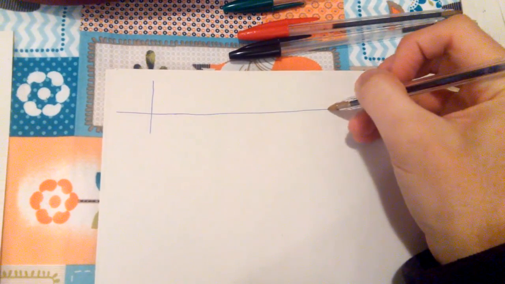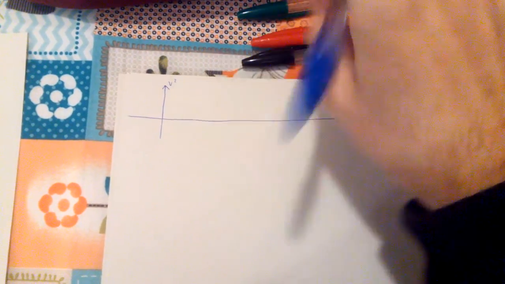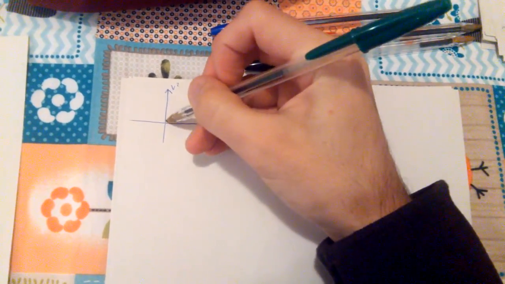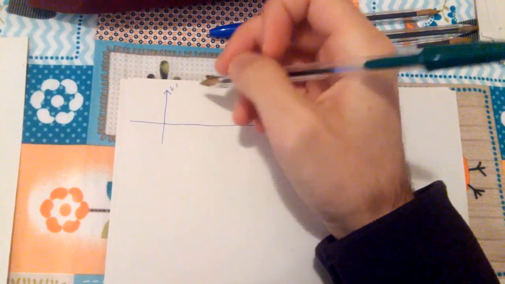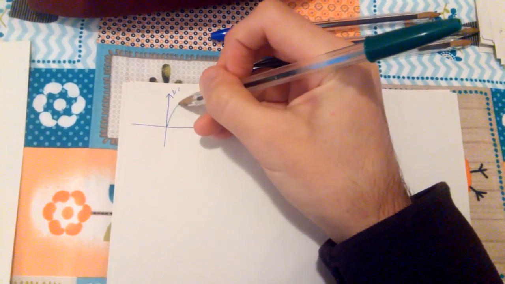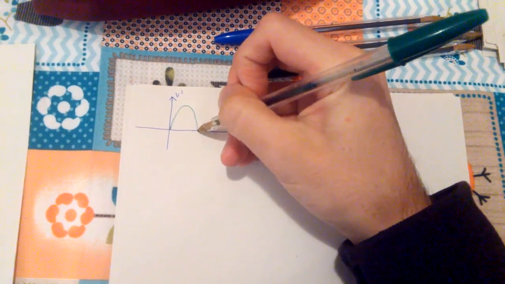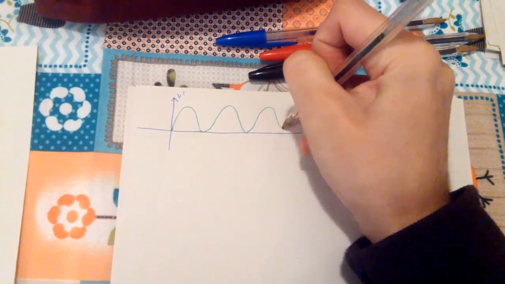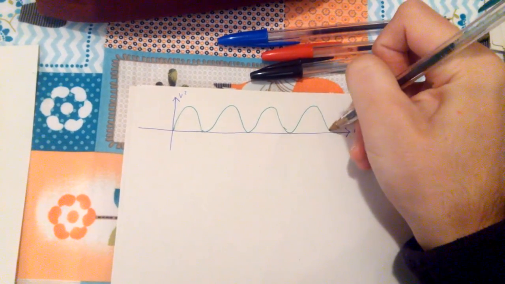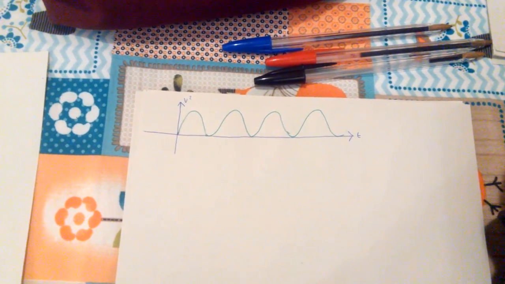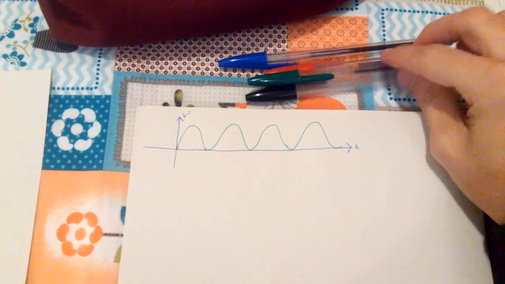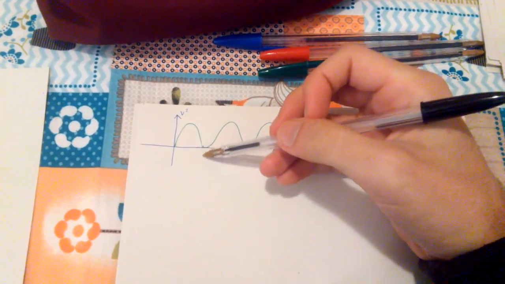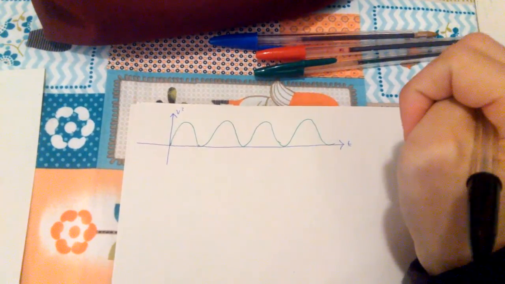So if we square v, a squared sine wave will be like this, and then up again, and then up again, and so on, because all the parts which were going to be down have been brought back up.